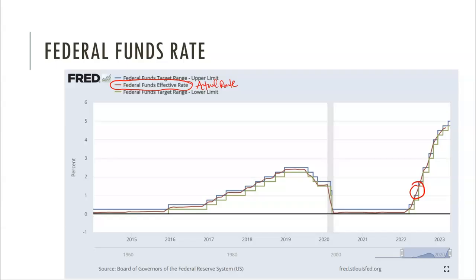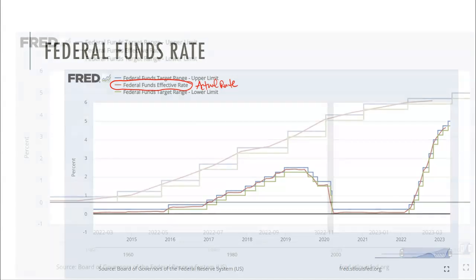Some of that might be because they were anticipating that the Fed was going to raise it even further. Or over here, it was a little bit lower, but still fairly close to that range, right? And so you can see the actual federal funds rate in the economy very closely follows what that target rate is. And that's because the Fed can buy and sell as many securities as they need to change those actual real rates.